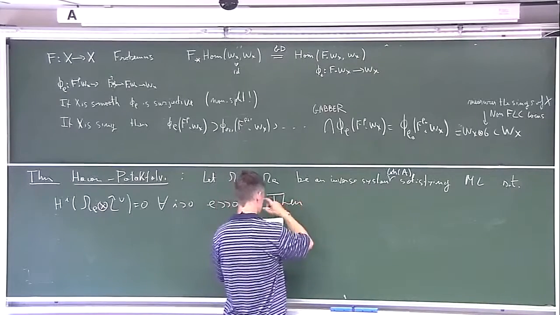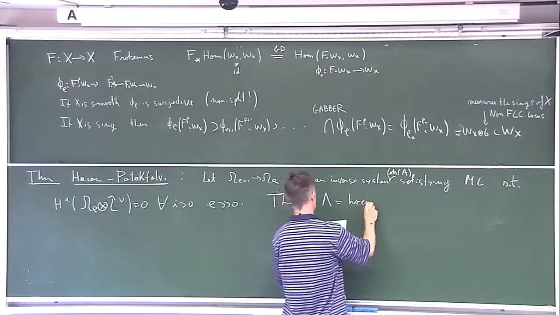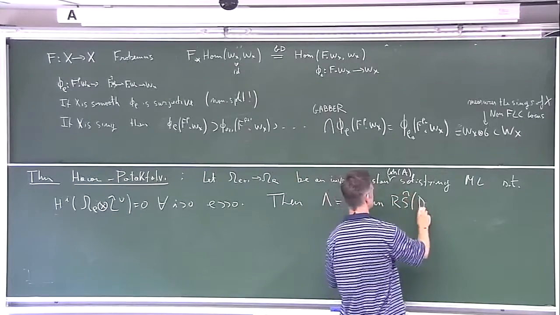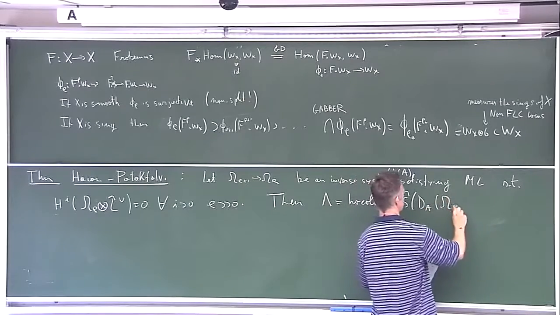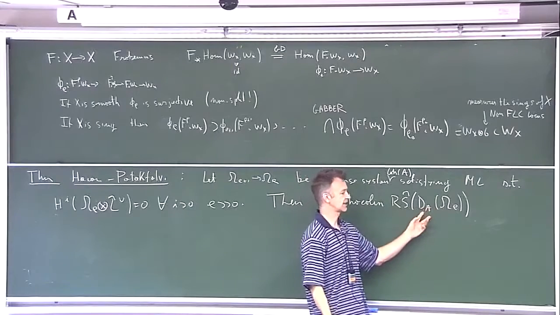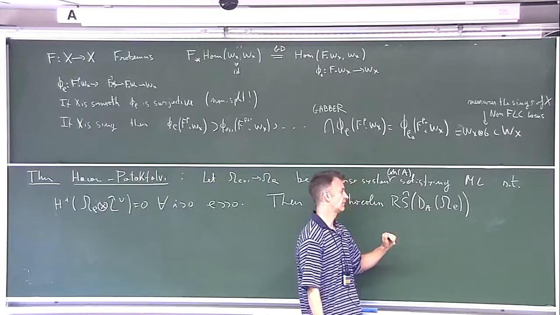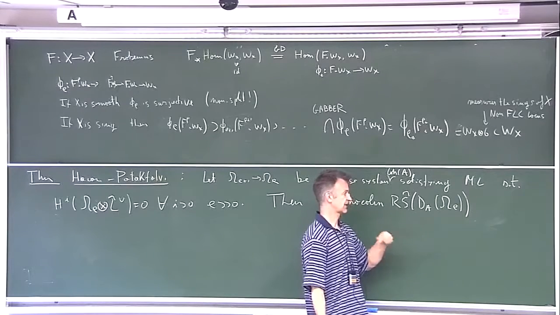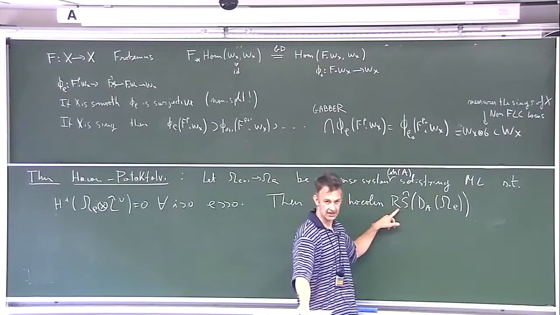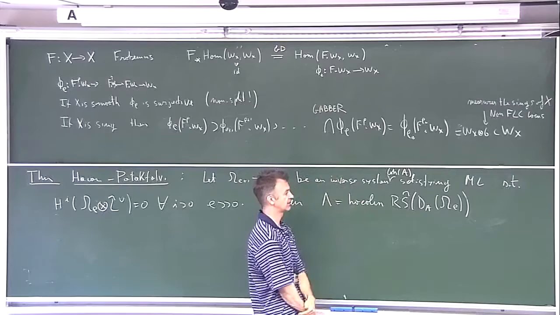Then, if I consider lambda to be the co-limit of RS hat dA of omega E, let me say a couple of words here. This is a coherent sheaf. Once I take the derived dual, it's no longer necessarily a sheaf, it's just an element of the bounded derived category with coherent cohomologies. When I take the Fourier-Mukai transform, again, it's an element of the bounded derived category with coherent cohomologies on the dual abelian variety.